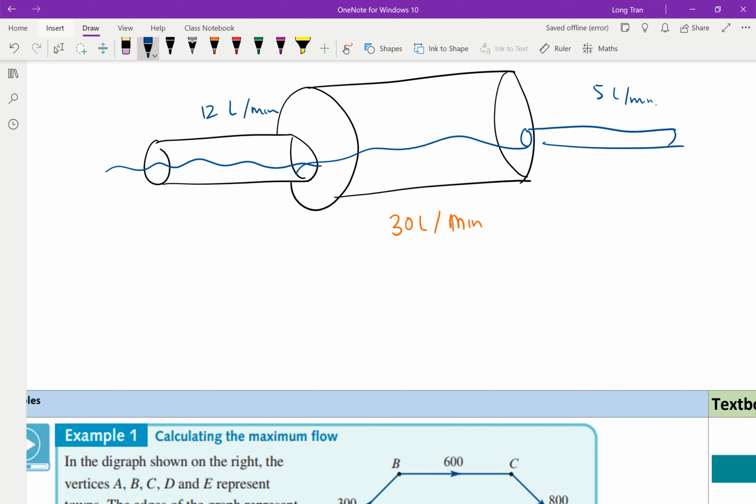So yes, this can go 12. Yes, this can go 30. But at the end of the day, you get to this point, that only takes 5. So the maximum flow that can come out is 5. This is why, if you think about traffic, when you drive in the traffic, people are like, oh, just make more freeways. It doesn't matter if you make more freeways, because if the point is this is the city, the more freeways you make, it doesn't matter.